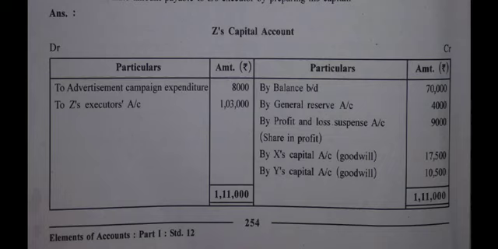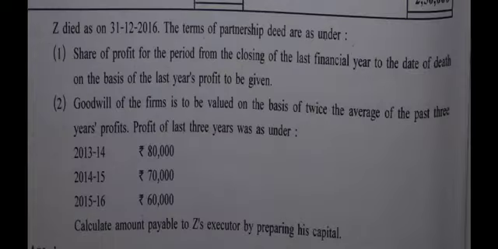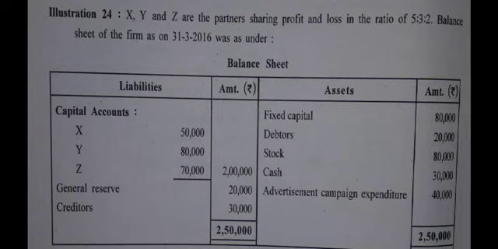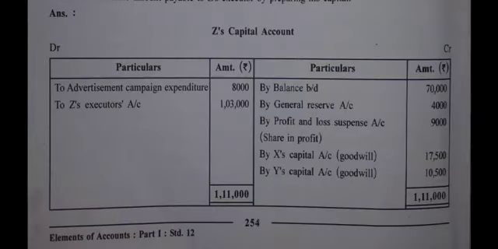The way we used to write the amount of opening capital with respective amount in the column of all the partners, instead of which you are writing only for Z here. So let us check what is the opening balance of capital for Z. Here you have 70,000. So written on credit side 70,000.